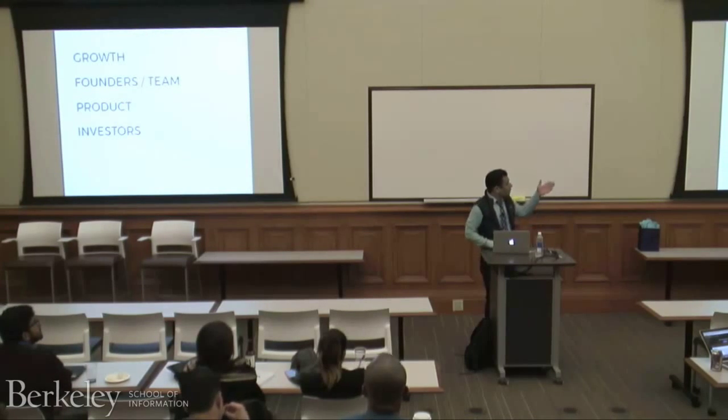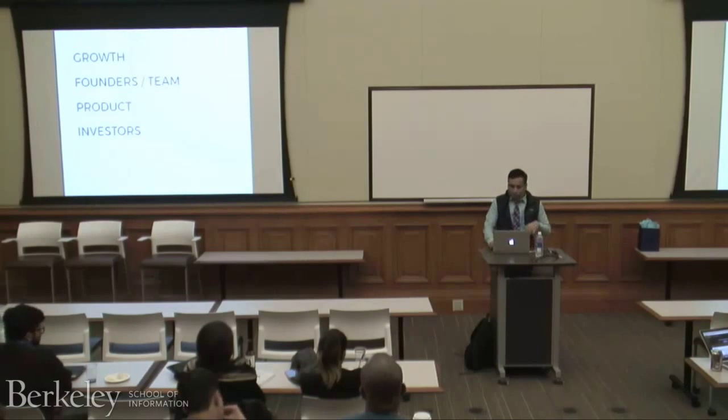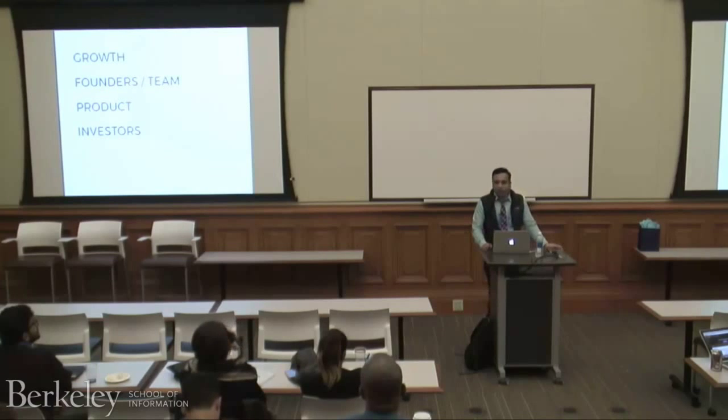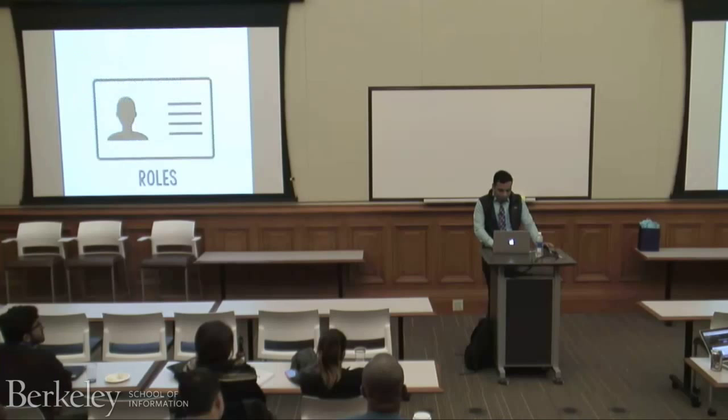And based on your conversations with their team, how fast they are growing, how smart their team is, how great their product is, and whether they have really A-type investors. If they have a lot of these things in place, that means something special is going to happen. These are some of the factors I would highly recommend.